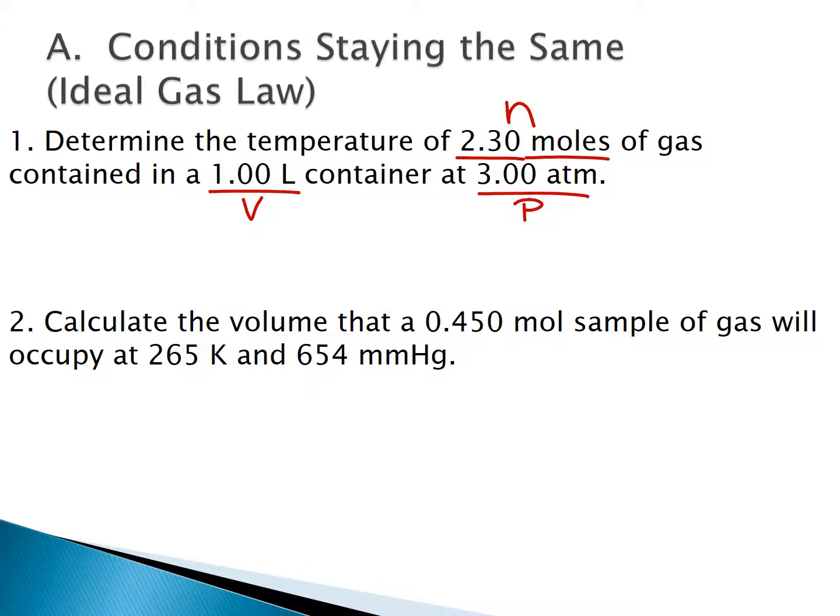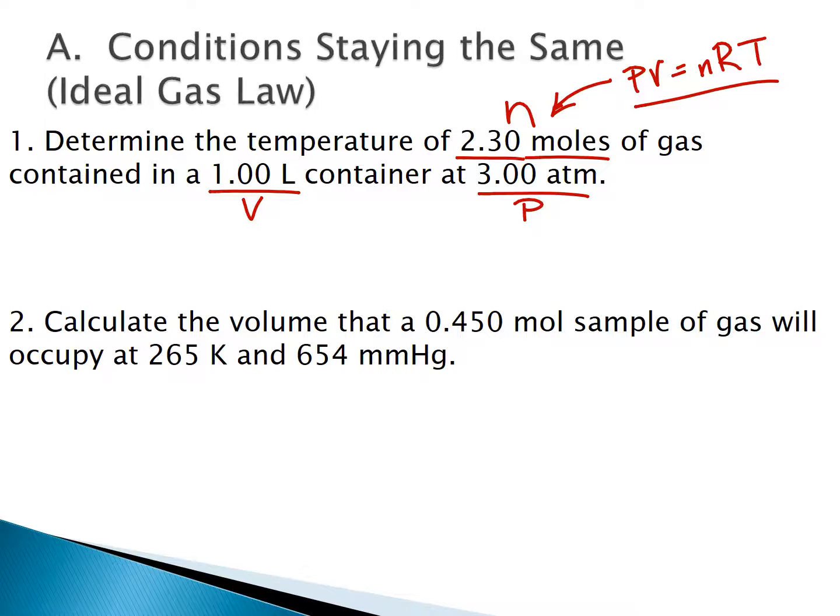As soon as you label these variables, you'll see that one of the variables is the letter n. Now, n only appears in PV equals nRT, not in the combined gas law. So if you see that letter n, you know that you're going to be using the ideal gas law.